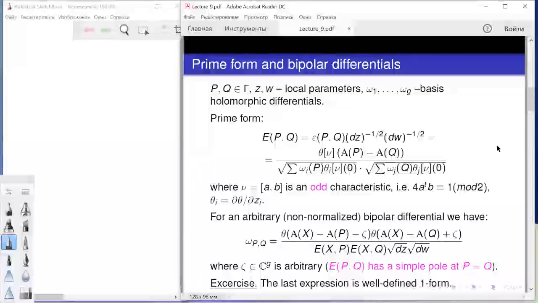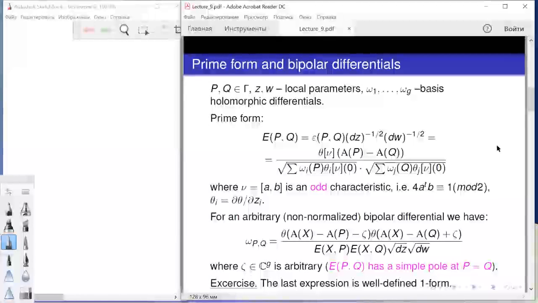We define it as a tensor in two variables, p and q. Both p and q belong to our Riemann surface gamma.